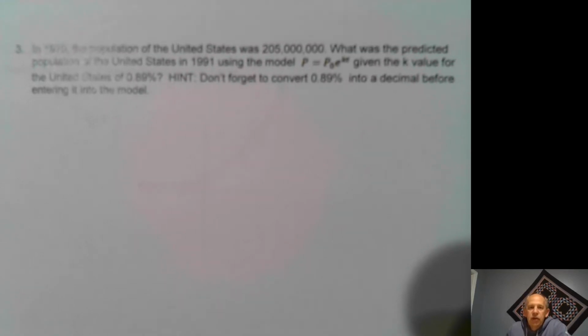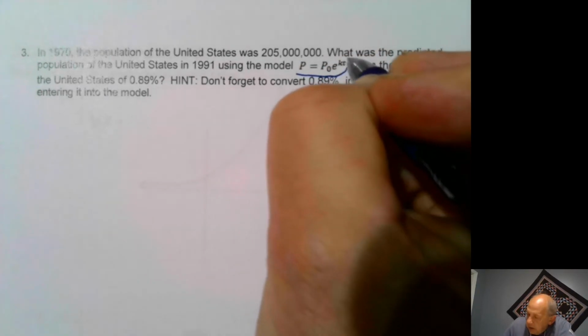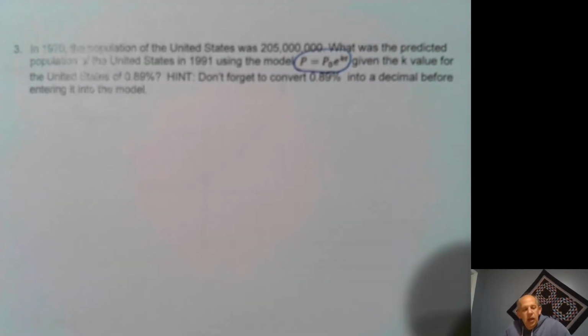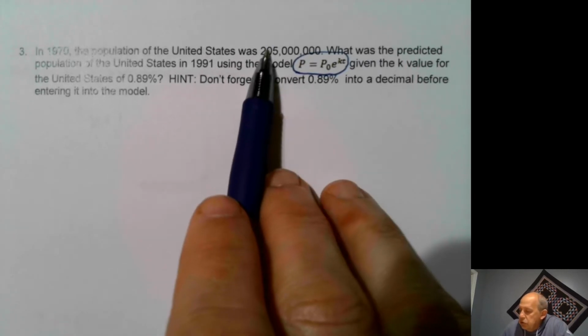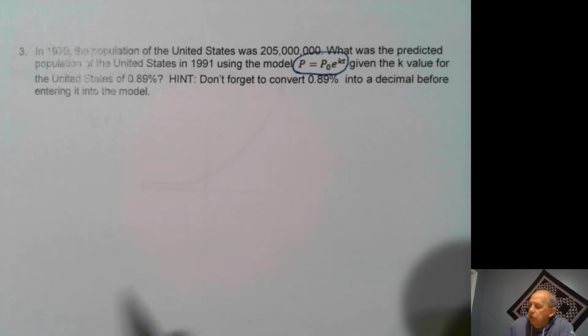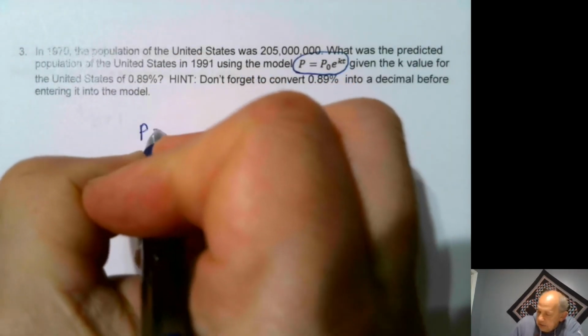Take a look at another exponential model example. This is a population model where we want to predict the population of the United States, given this model right here. And we turn back the clock to 1970, when there were 205 million people living in the United States.